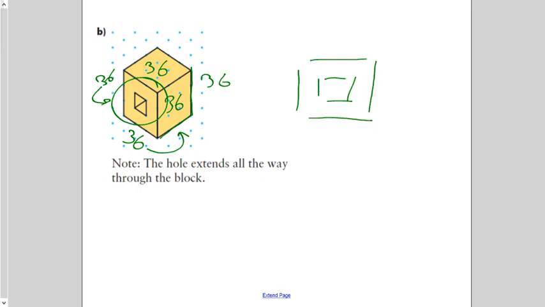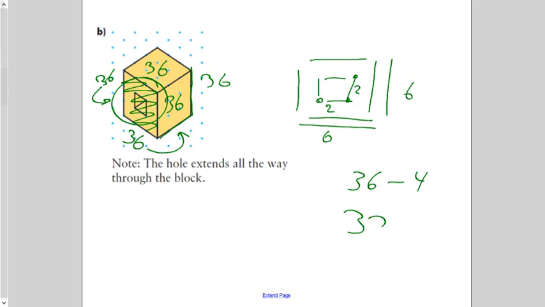But this one here, if I was to draw it, there it is looking straight at it. It is still 6 by 6, but this distance here is 2, and this distance here is 2. So it's actually going to be 36 minus 4. This face would be 32.